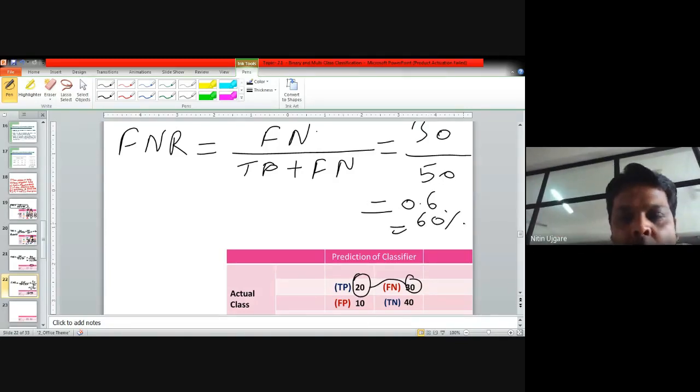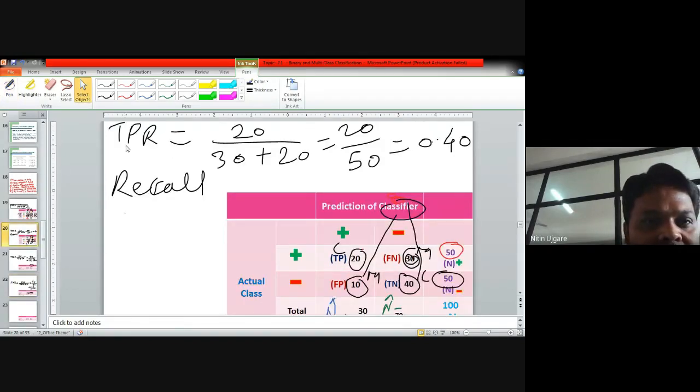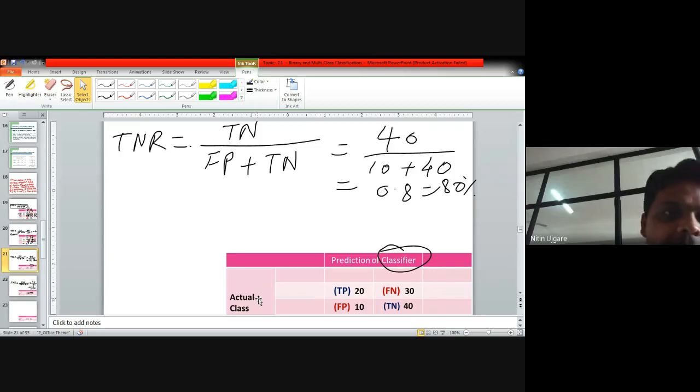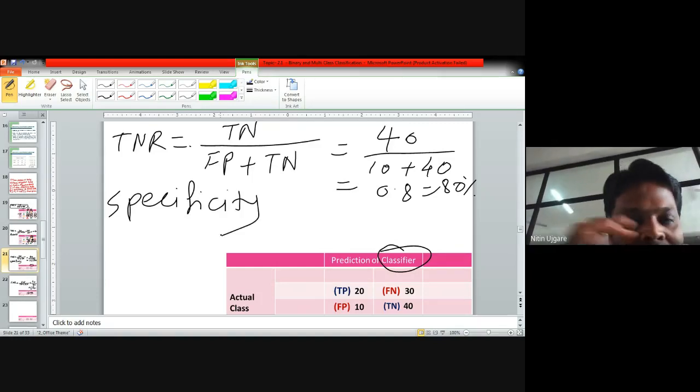One more thing I forgot to mention: the TNR is also called specificity. It may happen that you will be asked to calculate the specificity in the question, so don't get confused.